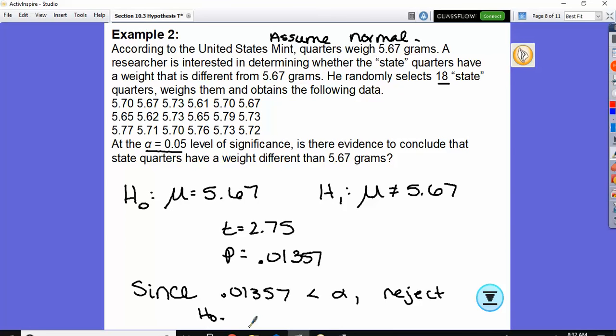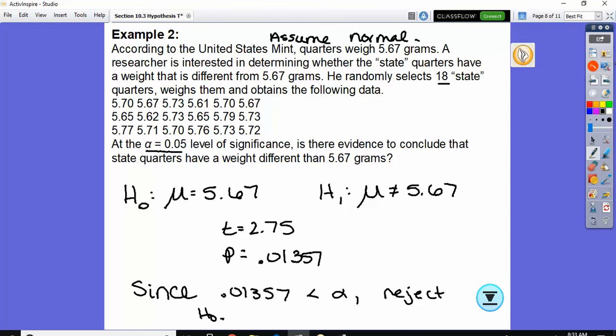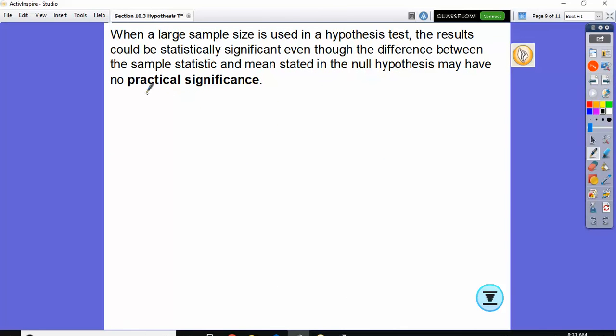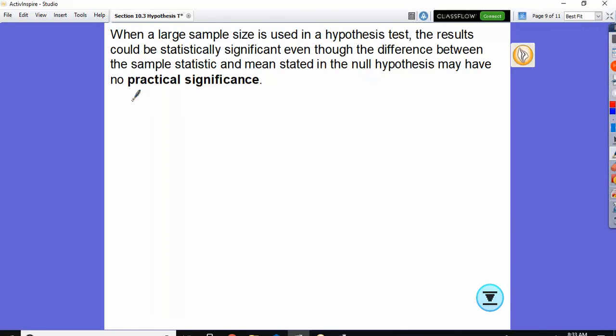Any questions there? I want to do one more. This last one, we're talking about practical significance. Sometimes if your sample is really large, you might get that you would reject your null, and there's evidence to conclude that, but it has no practical significance.